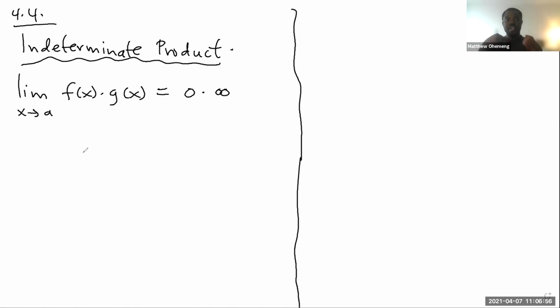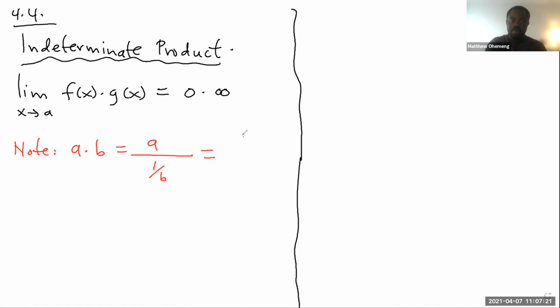Whenever you have an indeterminate product, you try and rewrite it so that it becomes an indeterminate quotient of type 0 over 0 or type infinity over infinity. To do that, recall, let me make this note: if you have a times b, it's the same as a over 1 over b.